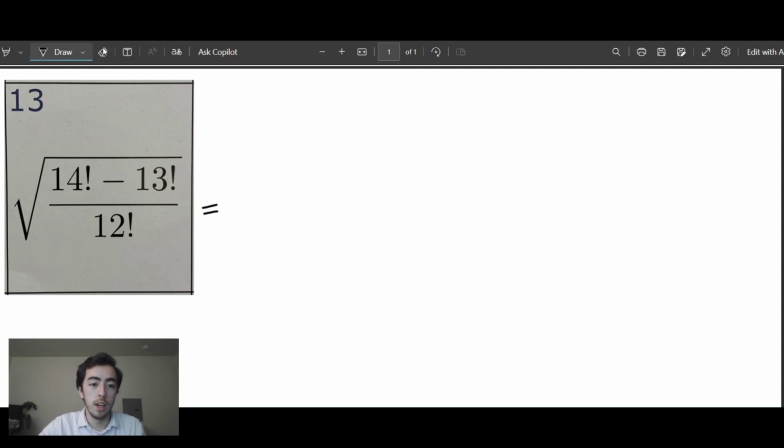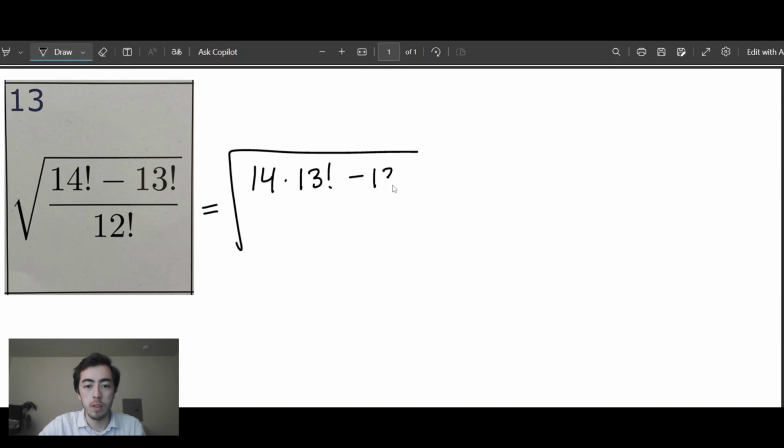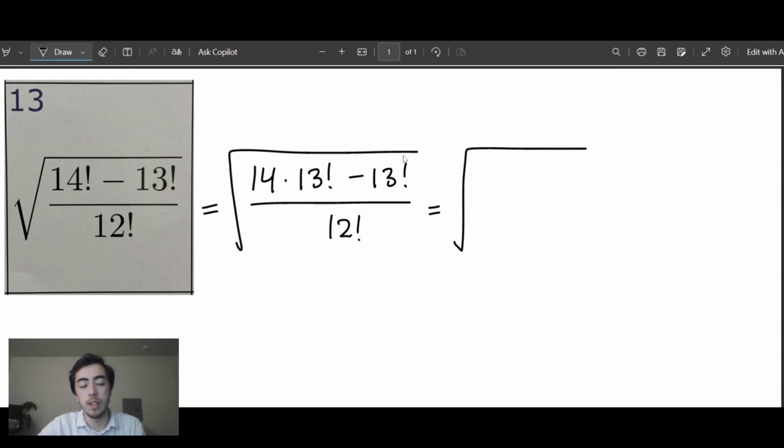So instead, I will keep the square root there, and I feel like it would be good if I take out the 14 and then keep the 13 factorial and then subtract 13 factorial over 12 factorial. Now I can't just cancel these out. Algebra doesn't work that way, but I can do some factoring. So both the first and the second term have this 13 factorial in it, and I can factor 13 factorial out front, and then I get a 14 minus 1.